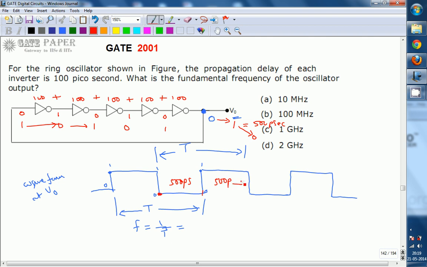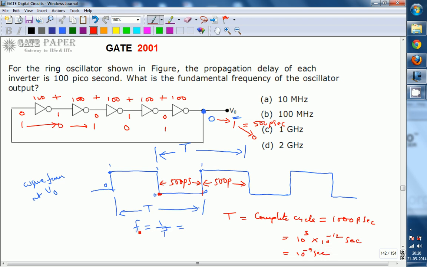So one complete cycle is the total time required for the complete cycle, which is 500 plus 500, that is 1000 picoseconds. 1000 picoseconds is 10 power 3 into 10 power minus 12 seconds, that is 10 power minus 9 seconds.